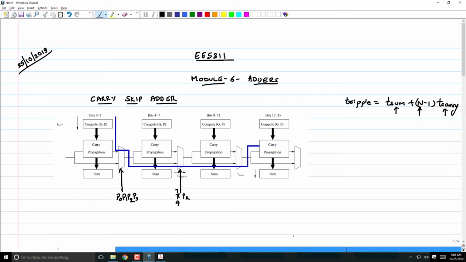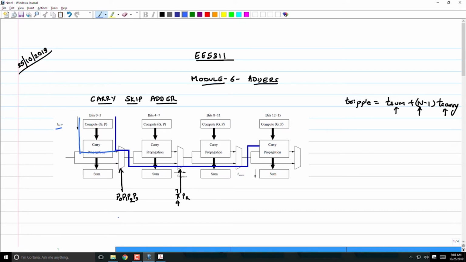So with this, what we were able to do is the critical path. Actually, this blue line is slightly wrong. It has to go through the carry propagation. It has to be like this. So you do a generation of G and P terms for all the adders in time T GP, and then you propagate through the first stage.